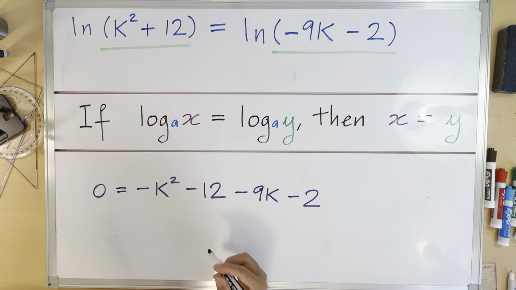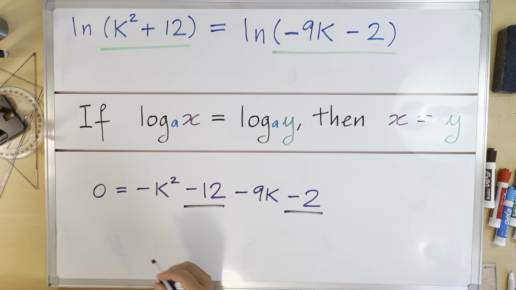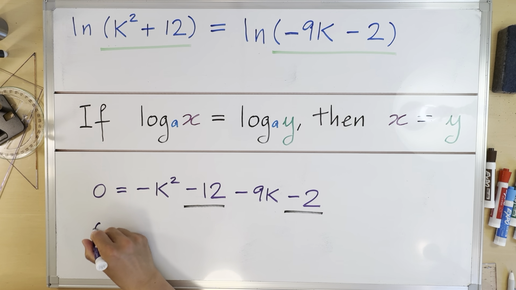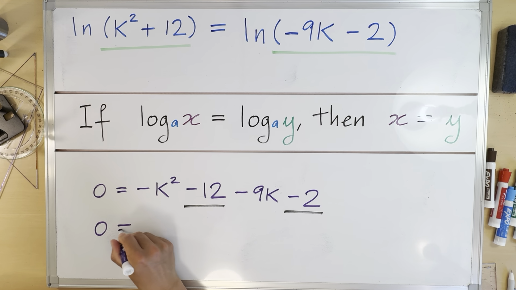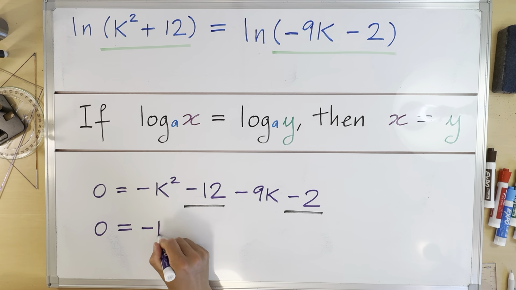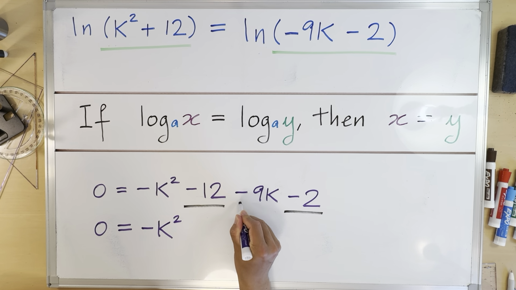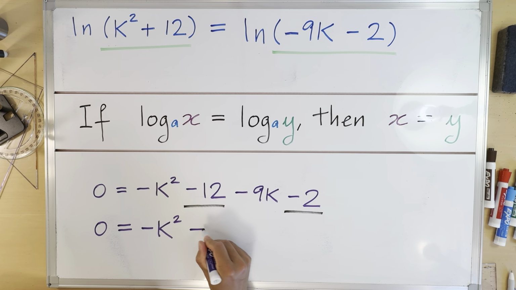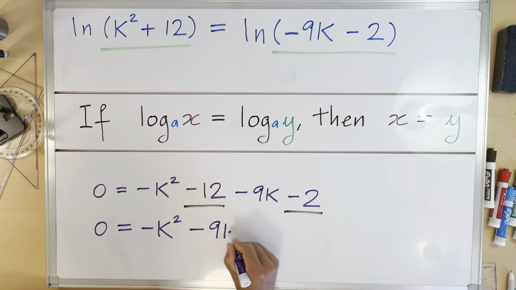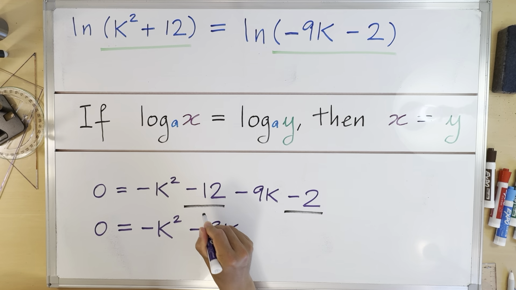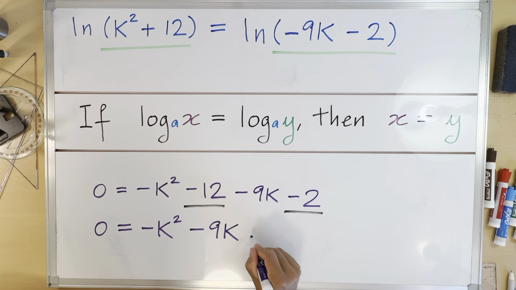So combining the two of them together, this becomes 0 is equal to negative k squared minus 9k minus 12 minus 2 gives us negative 14.